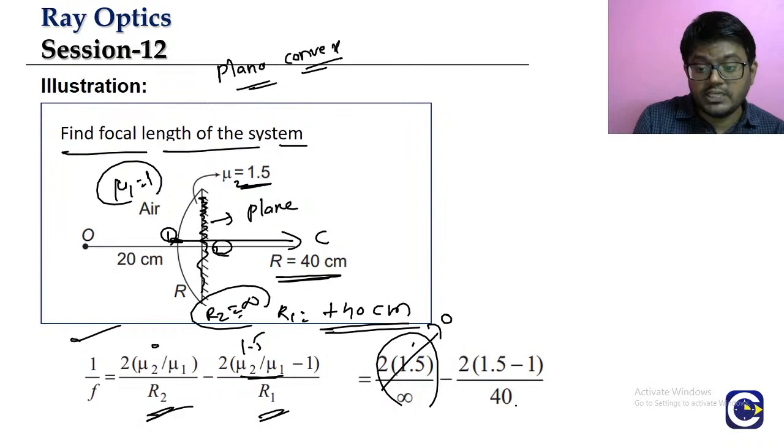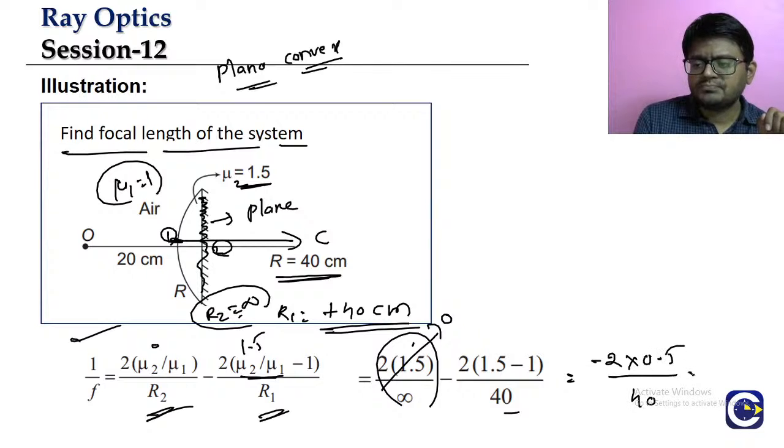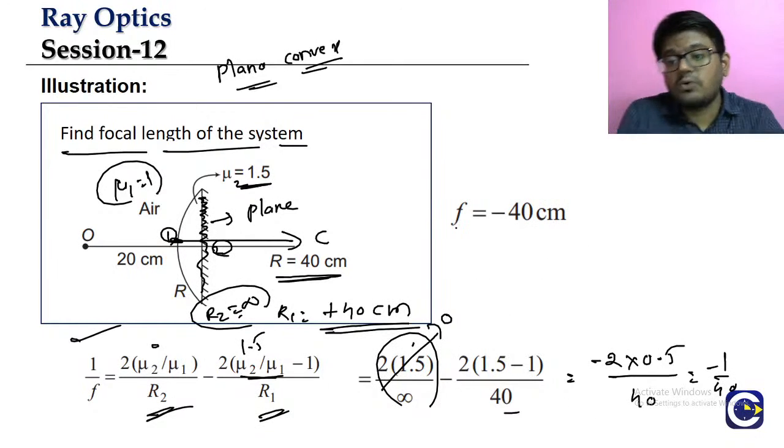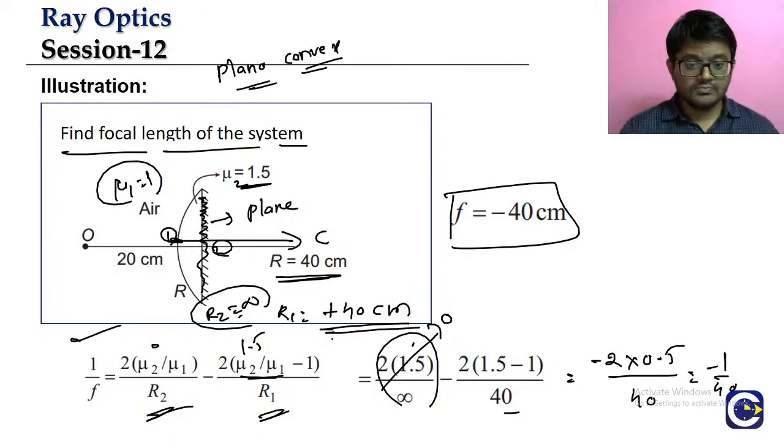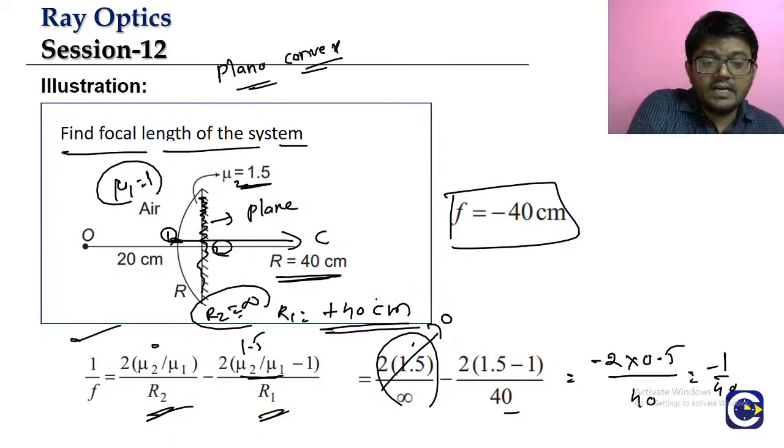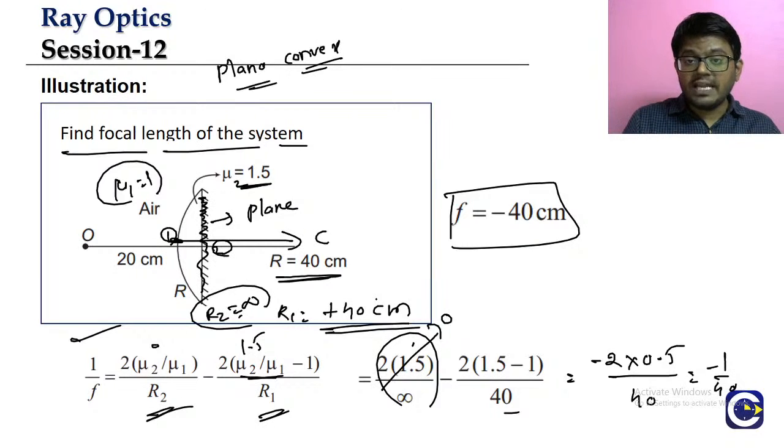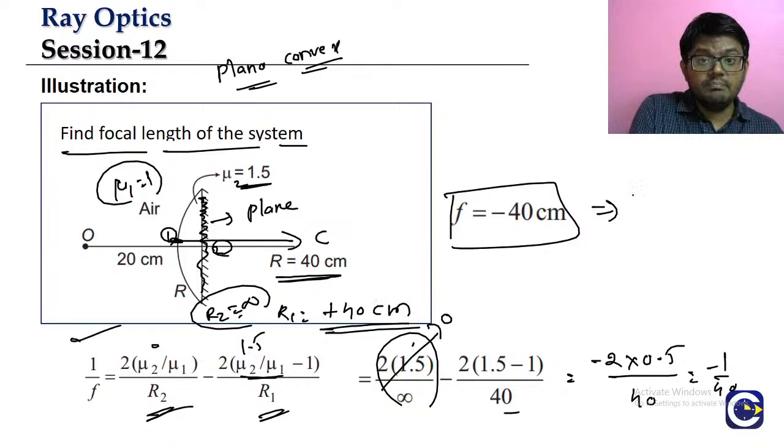What is R1? Plus 40. So what you have here is minus 2 into 0.5 divided by 40, which is minus 1 by 40. This is 1 by f. 1 by f is minus 1 by 40, which means f is equal to minus 40. So this silvered lens is now going to act as a mirror of focal length minus 40.